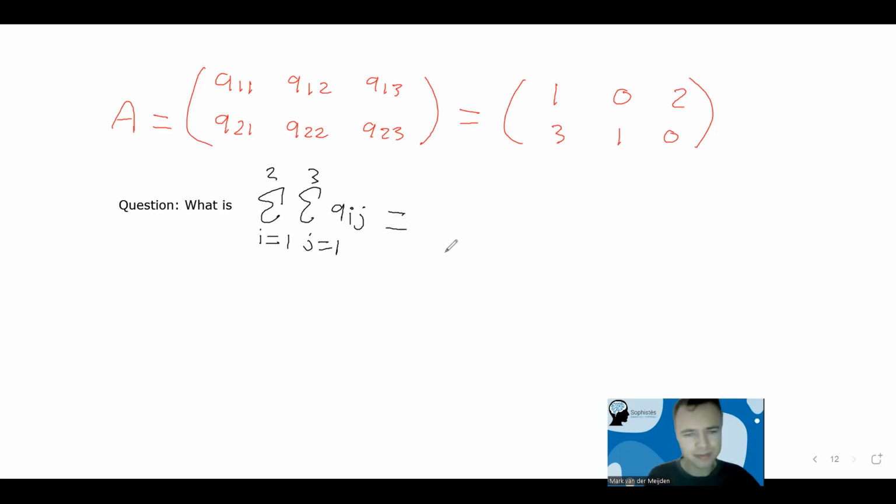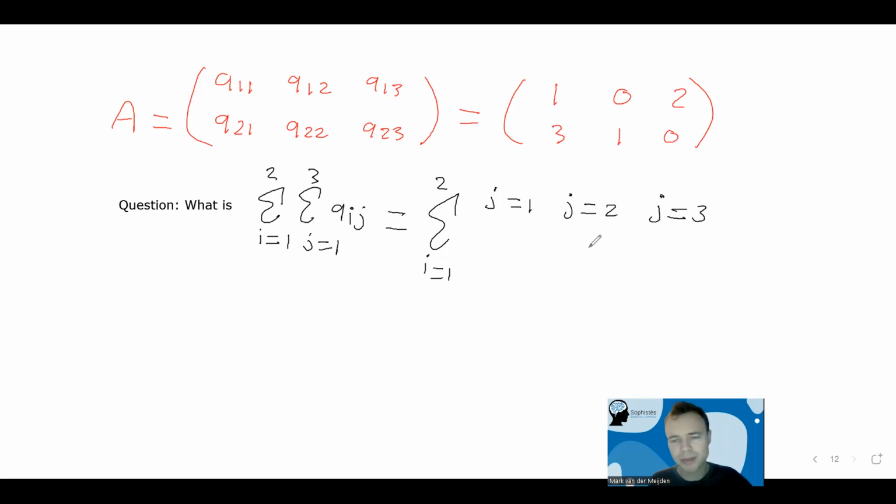Let me show you. Because what they're actually asking here is, we can figure it out by first solving the summation on the right. So we copy the left summation. I is 1, 2, and then you get j is 1, j is 2, j is 3.